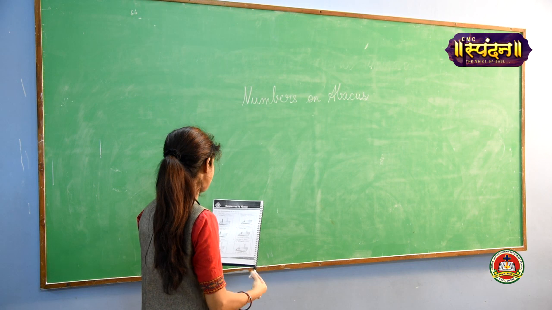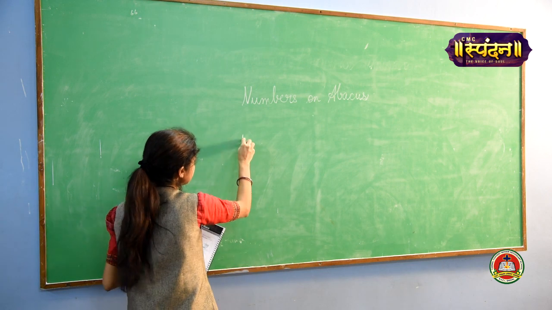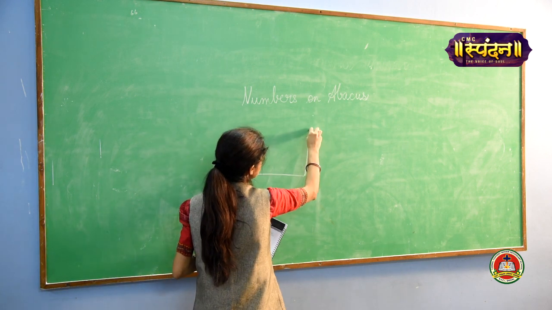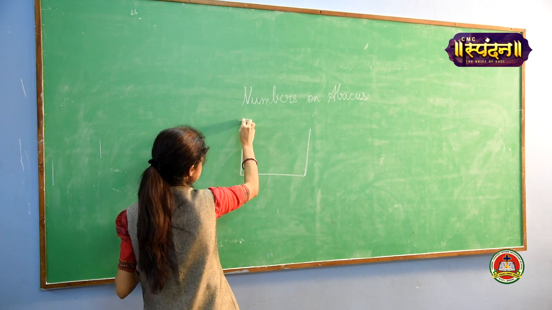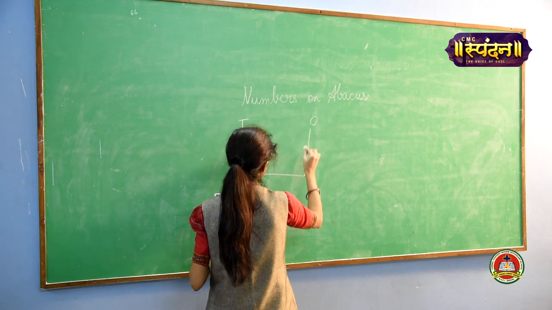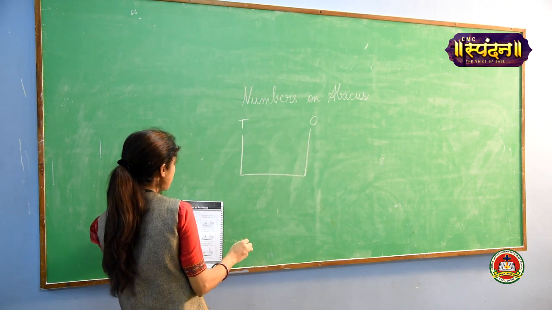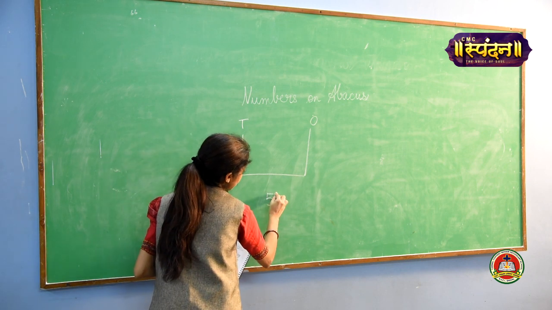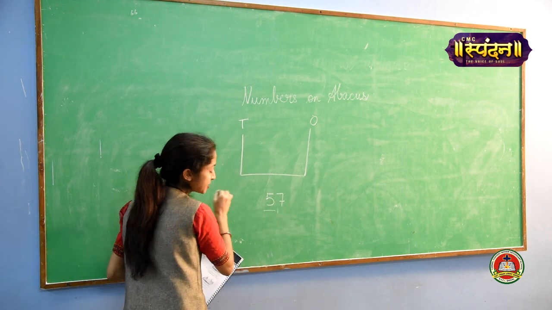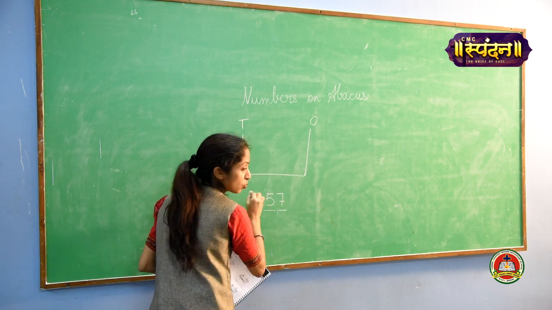Now here, this is abacus. This is a spike abacus, this is a tens column and this is a ones column. Here we have shown 57. This means 5 is tens and 7 is ones.